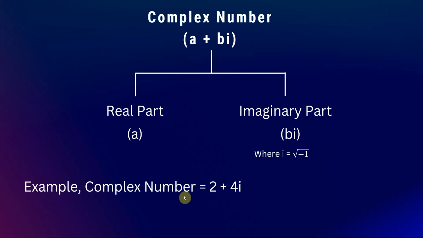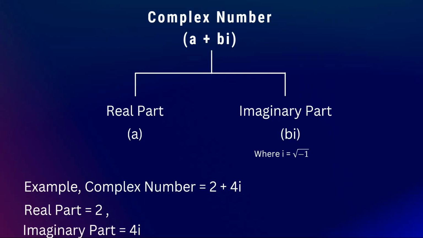So here we have the complex number which is 2 plus 4i. If you compare this number with the standard form of a complex number, you'll get the real part a equal to 2 and the imaginary part equal to 4i. Now we'll understand how this 4i comes here.